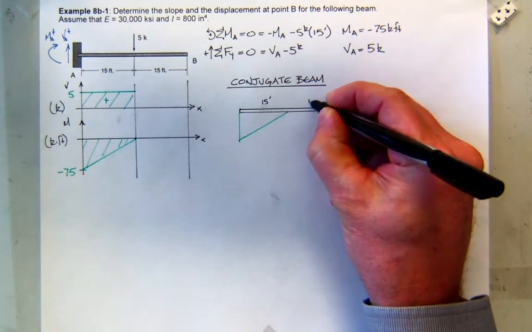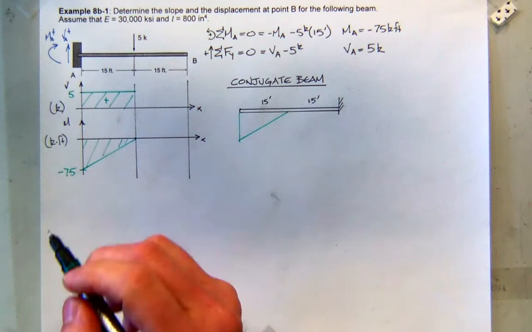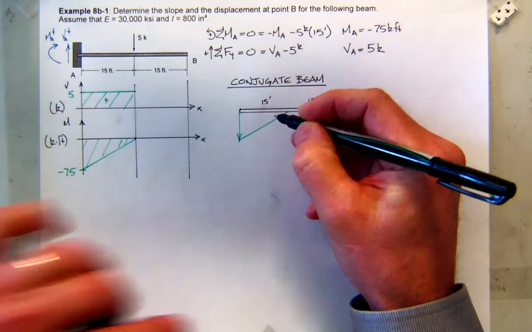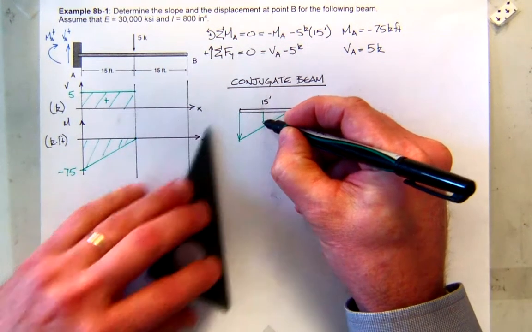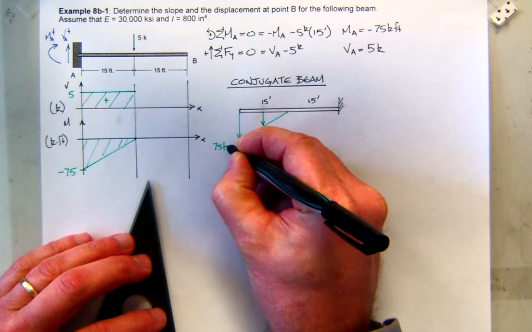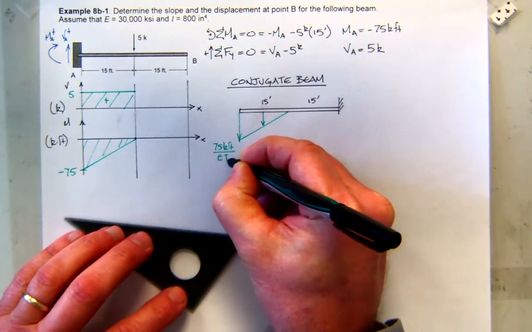This will still be 15 feet. Now this moment is negative. Which direction is negative load, up or down? Down. That means I now have a load applied to my conjugate beam that has a value of 15 kip feet, that's my moment, divided by EI. So there's my conjugate beam.